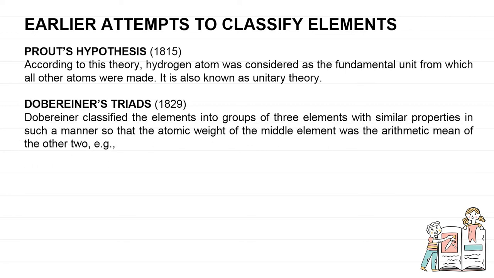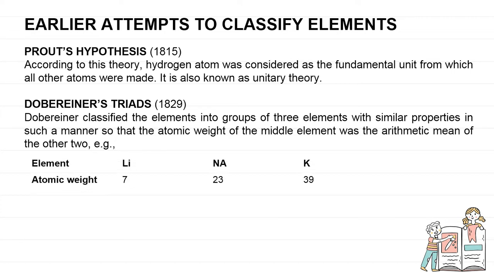The second we have is Döbereiner's triads. It was given in 1829. Döbereiner classified elements into groups of three elements with similar properties in such a manner that the atomic weight of the middle element was the arithmetic mean of the other two.